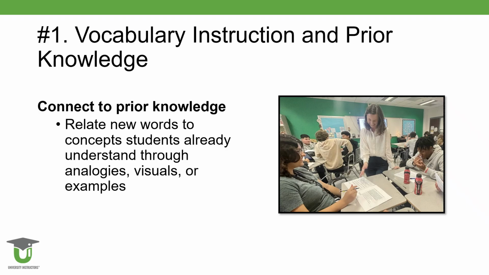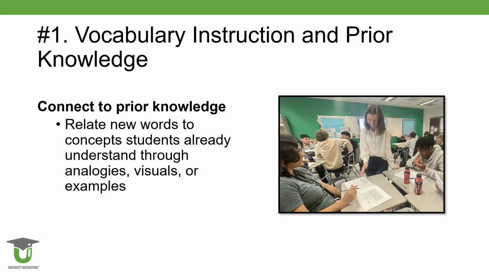Helping students connect new vocabulary to what they already know makes learning more meaningful and memorable. One effective strategy is to use analogies, showing how a new word is similar to a familiar concept. Visuals can also support understanding. Diagrams, pictures, or graphic organizers help students form mental connections.